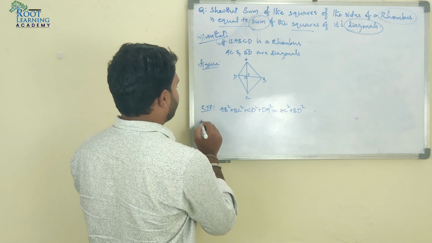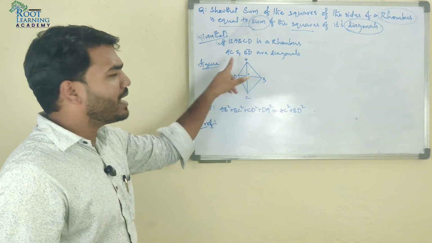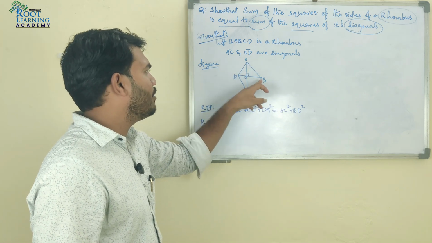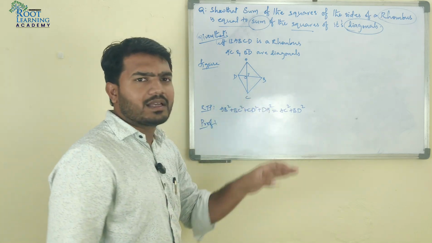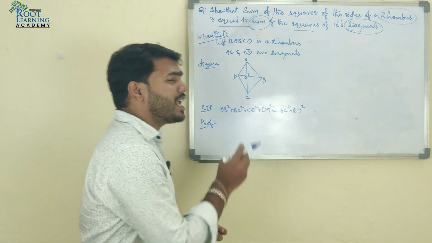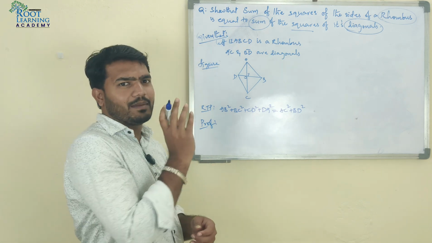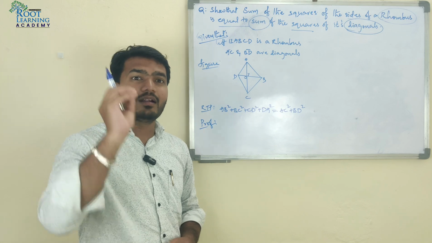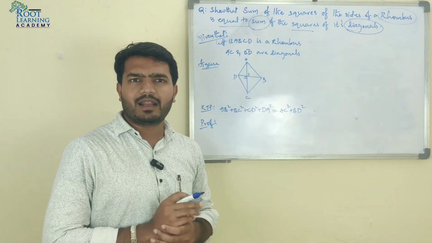So proof. As we can see, the entire rhombus is divided into four triangles: triangle AOD, AOB, BOC and COD. And all those triangles are right angle triangles. And in every right angle triangle, there is a theorem which is applicable. That is what? Yes, Pythagoras theorem, what we have already learned in the trigonometry topic. So here all the triangles are right angle triangles.